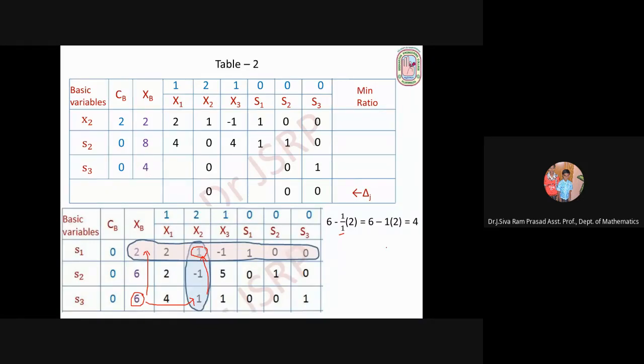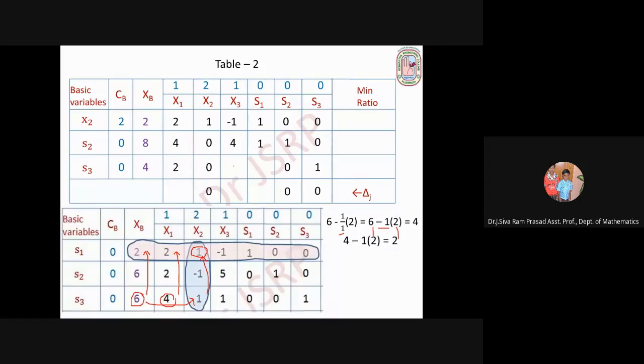So for the third row calculation, this minus 1 is fixed. You just replace the present value here and the pivot row element here to calculate other entries in the third row. So here present value 4 and pivot row element 2. So 4 minus 1 into 2. 4 minus 2, 2.